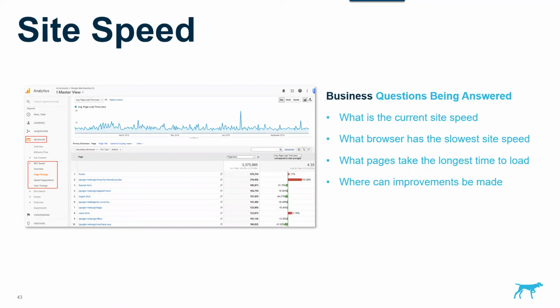You can come to the page timings report, which we are looking at right now. And Google will basically give you opportunities on what to do exactly to improve the site speed of your page and of the website as well. Underneath the page timings report, there's a speed suggestions report.